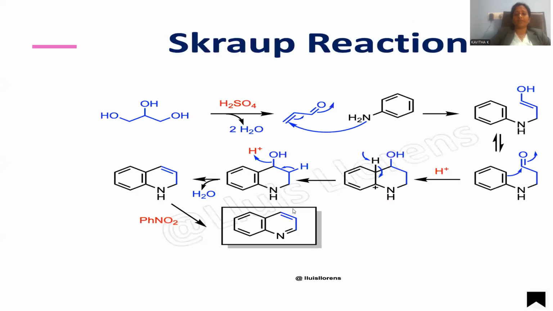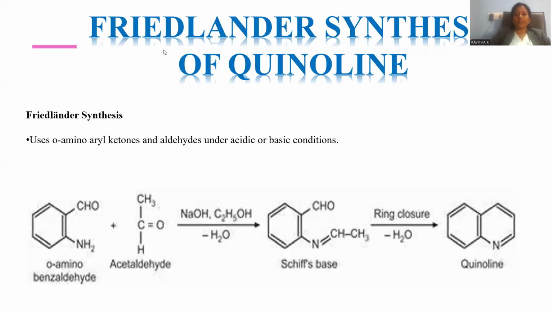Let me go for another named reaction, the Friedländer heterocyclic synthesis for quinoline. In order to synthesize quinoline by the Friedländer synthesis process, ortho-aminobenzaldehyde is taken and added with acetaldehyde. Acetaldehyde is the reagent added upon the ortho-aminobenzaldehyde. Sodium hydroxide works as a base catalyst, and ethanol is the solvent medium. They condense together, giving rise to water as the byproduct, forming a Schiff base.